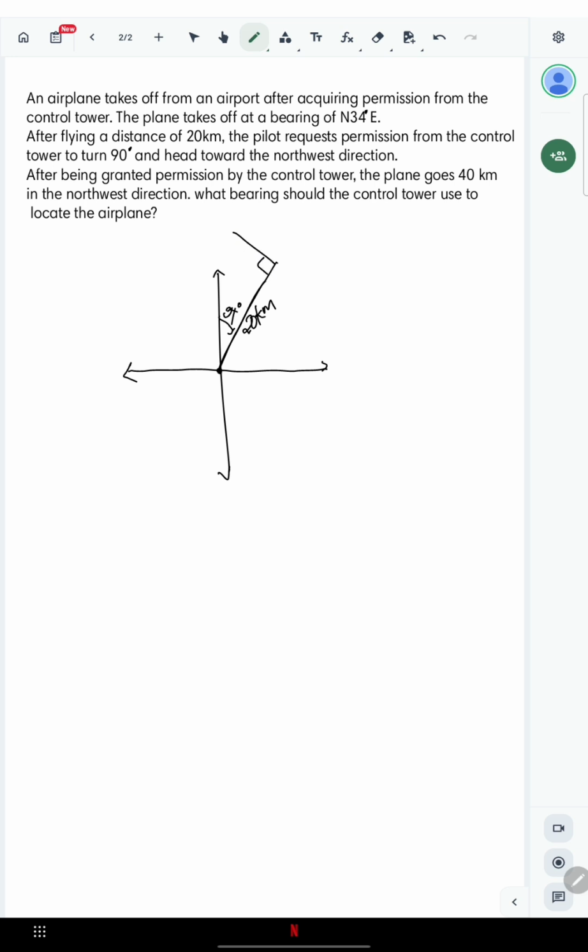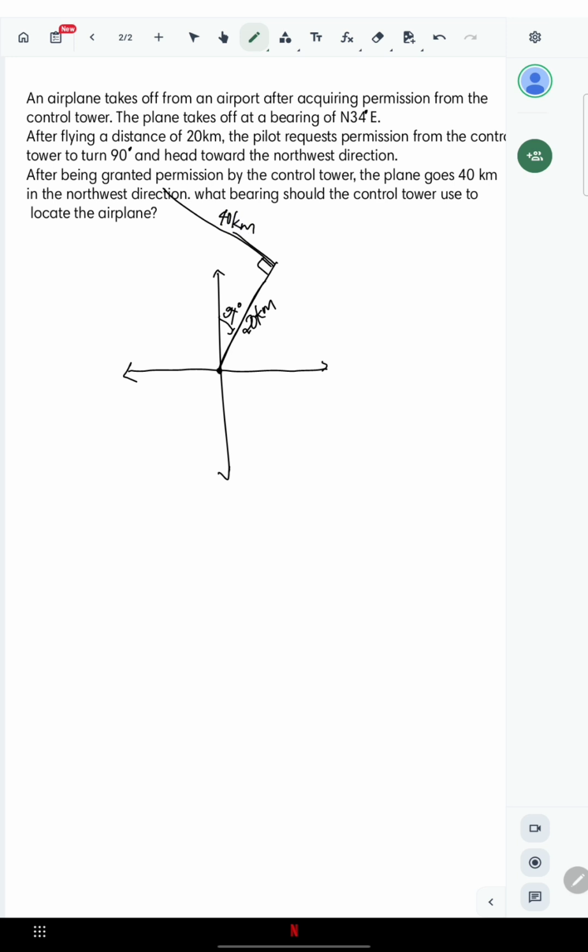Okay? Tapos, after turning 90 degrees, going to the northwest. So, that's why upper and then to the left. After permitting, nakuha daw niya yung permission and traveled 40 kilometers. Then, 40 kilometers po yan.